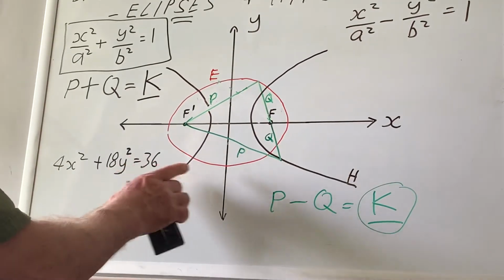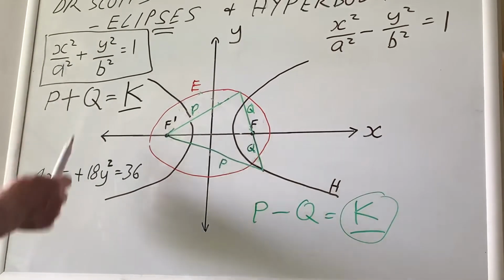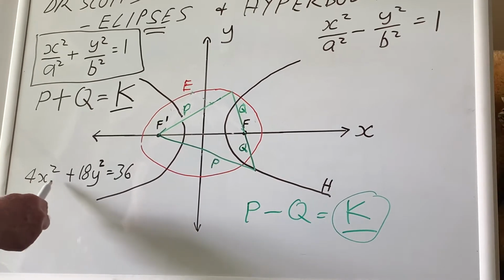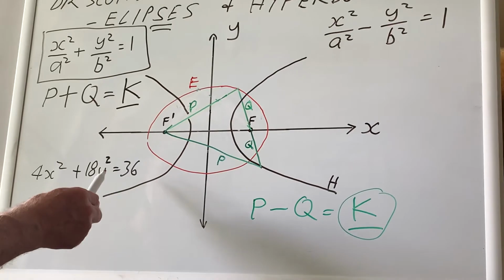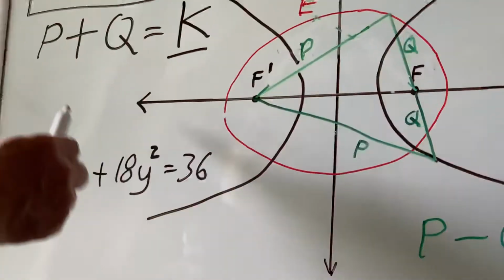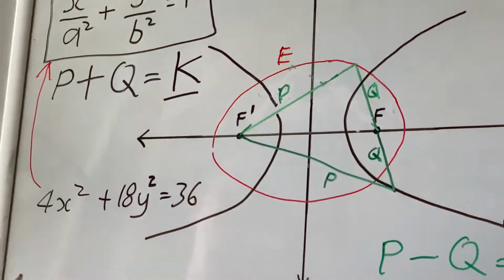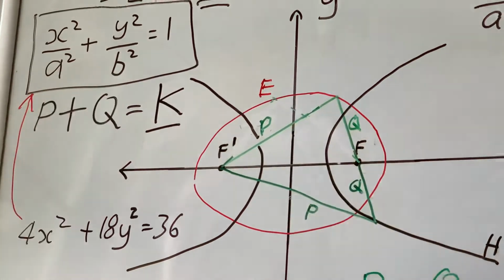Now, just concentrating on the red ellipse. If you were given this equation, 4x squared plus 18y squared equals 36, that's actually an ellipse. But how do we get it back into our general formula, x squared on a squared plus y squared on b squared equals 1?